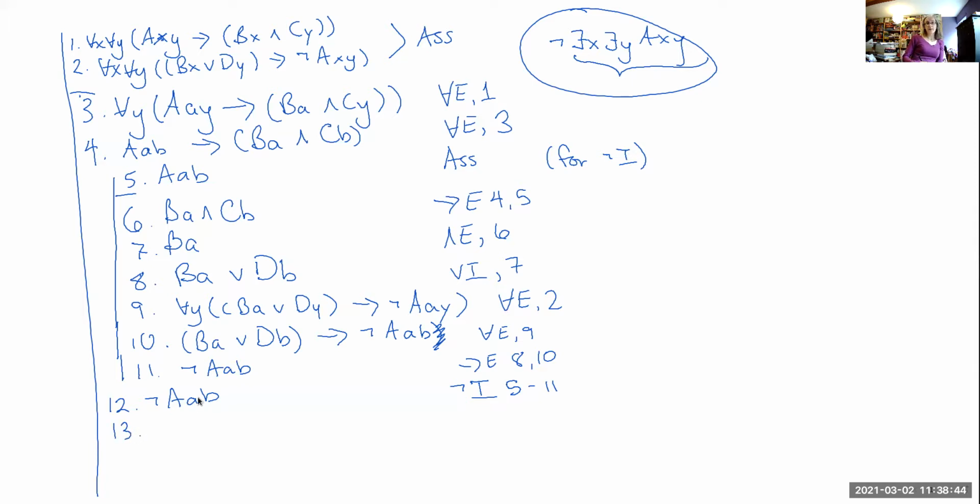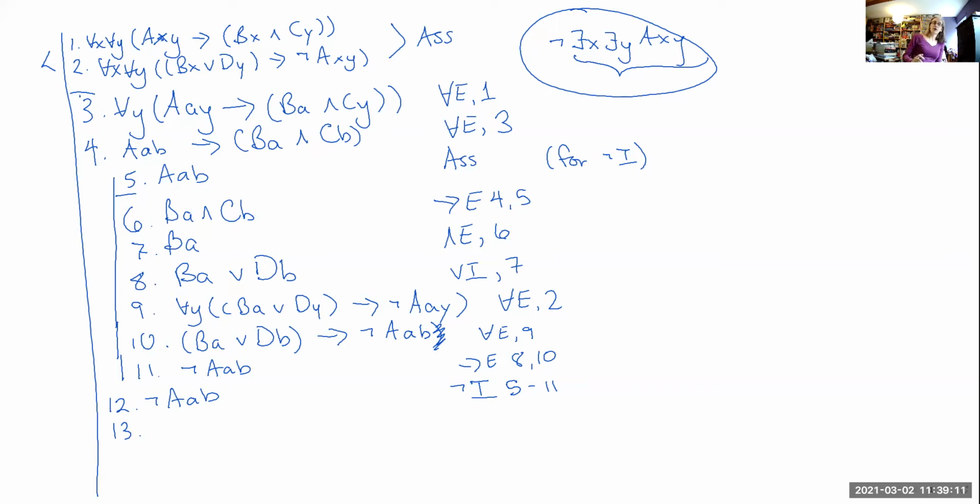But the nifty part is, if you look at the assumptions that line 12 depends on, you go back up and you see there are no constants involved. That means that our choice of A and B here was arbitrary. I could have written down any other choice of letters I wanted. I didn't have to use A and B. I could have used E and F, and this proof still would have worked.